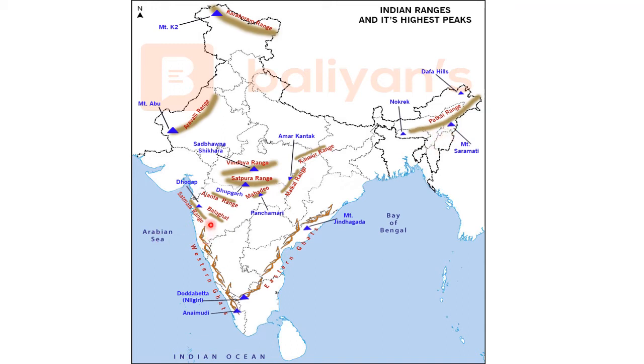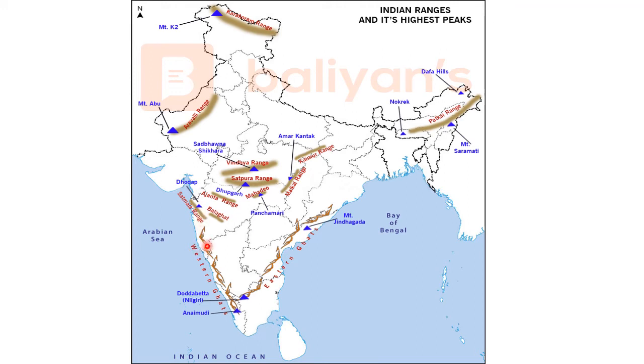Students, this is the Western Ghats and the Eastern Ghats. The Western Ghats lie parallel to the western coast. This is the western coast and this is your Western Ghats. They are continuous and can be crossed only through passes.